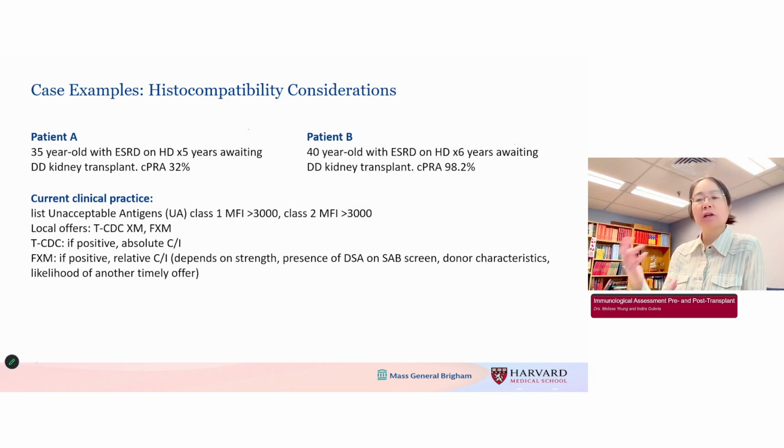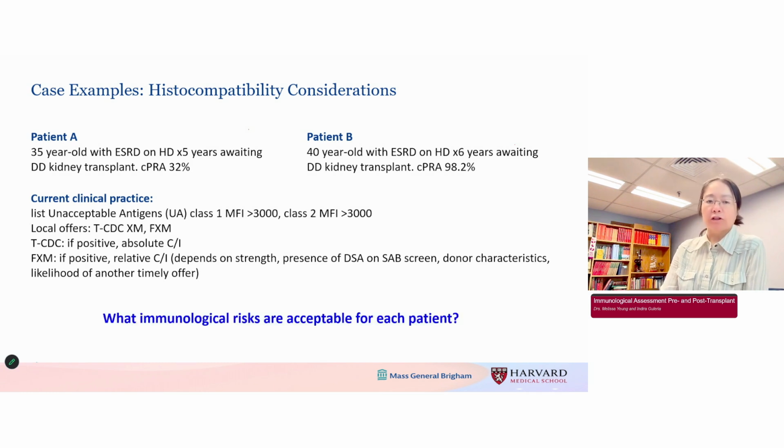And that would be contrasted, of course, with the risks of remaining on dialysis. So one really needs to think, specifically for each patient, what immunological risks would be acceptable for your particular patient, and also at the time of organ offers, what that might also change depending on the donor characteristics.